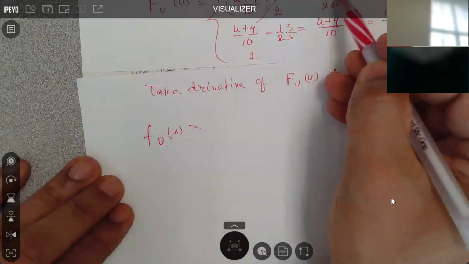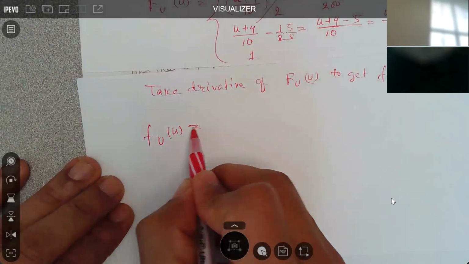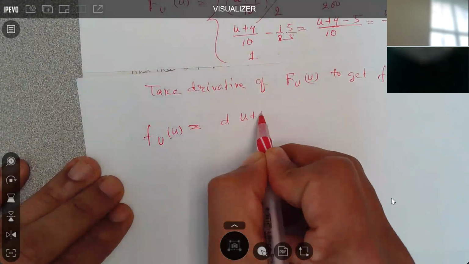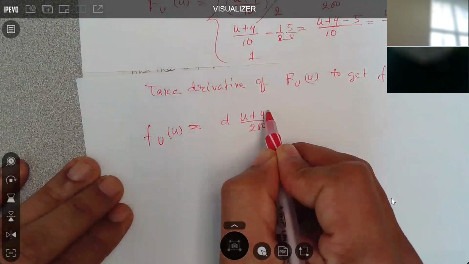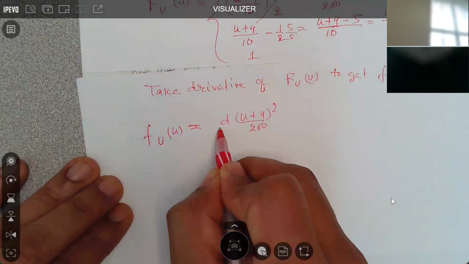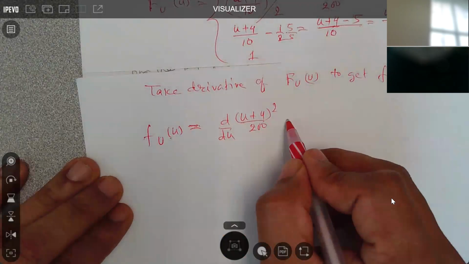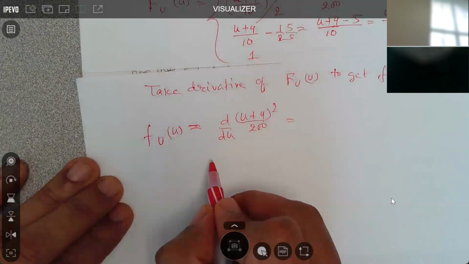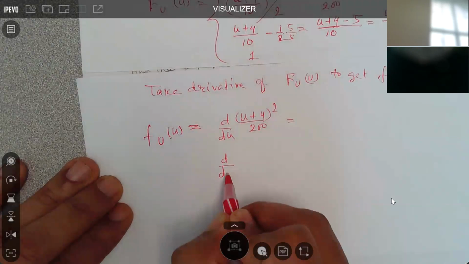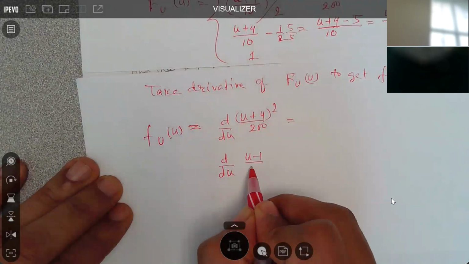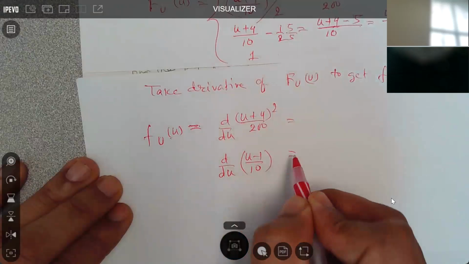Now you take the derivative of this one here. So this will give you d of (u plus 4) over 200, whole square, by du. This will give you the answer here. And for this one here, you take d by du of u minus 1 over 100. This will give you the answer here.